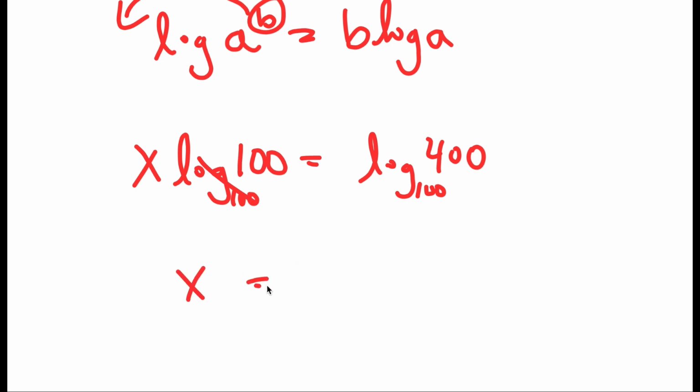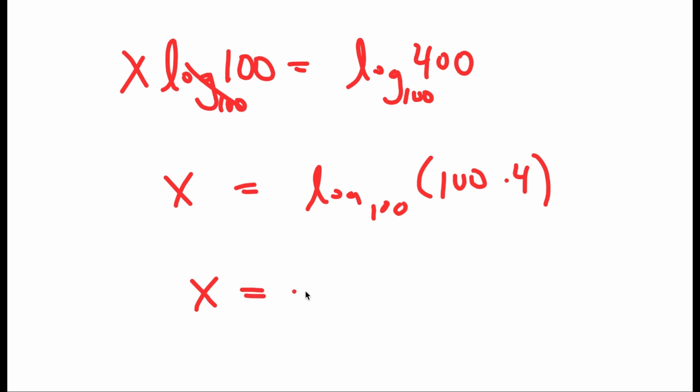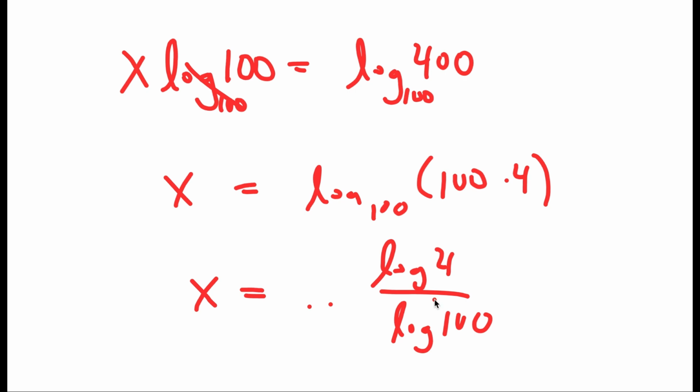So I can rewrite this as log base 100 of 100 times 4, which is equal to log of 4 over log of 100. And I have 1 plus this because of this.